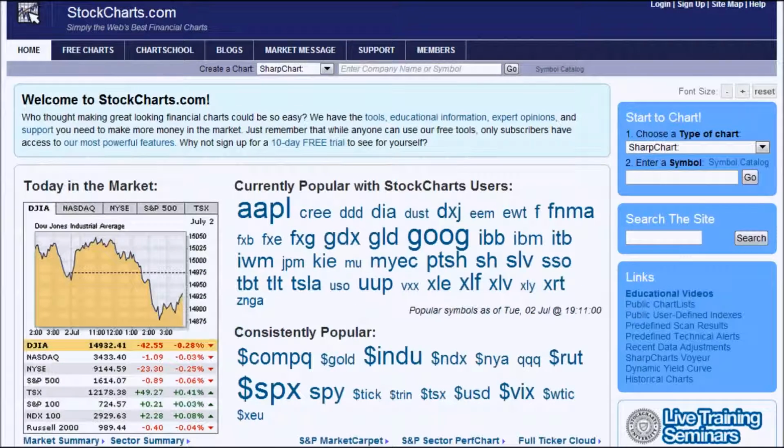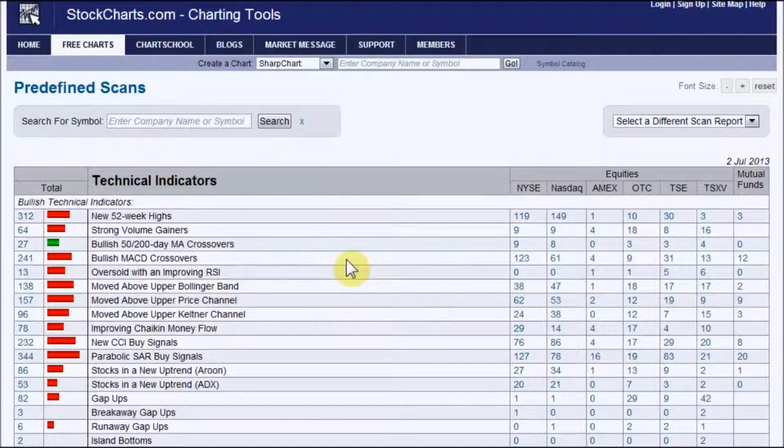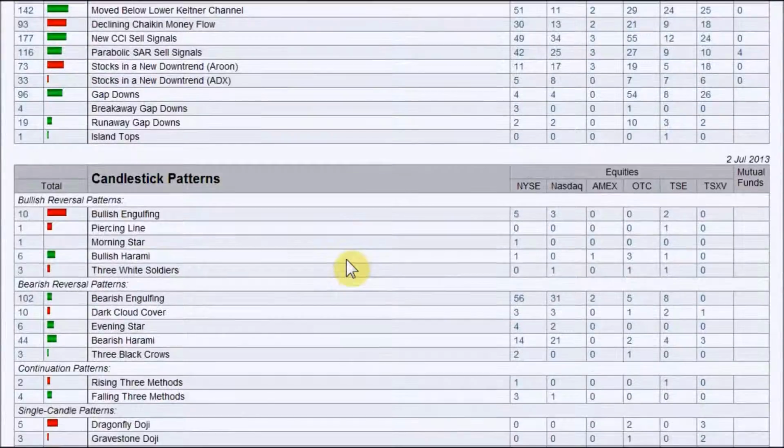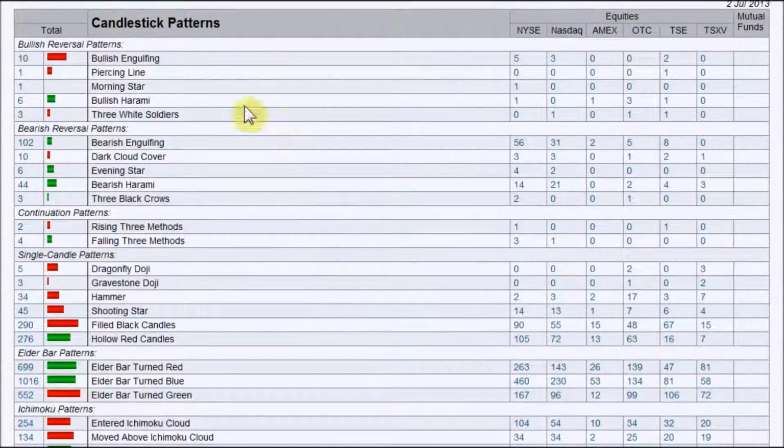They also find them so important that when you go to the links section in this blue box right here and click on predefined scan results, not only will it give you a number of technical indicators that are giving signals, but you will also see a whole section on candlestick patterns. Okay, you have bullish reversal patterns, bearish reversal patterns, continuation patterns, single candle patterns.